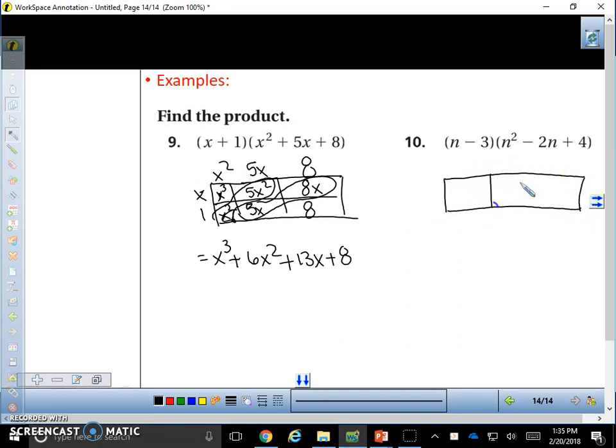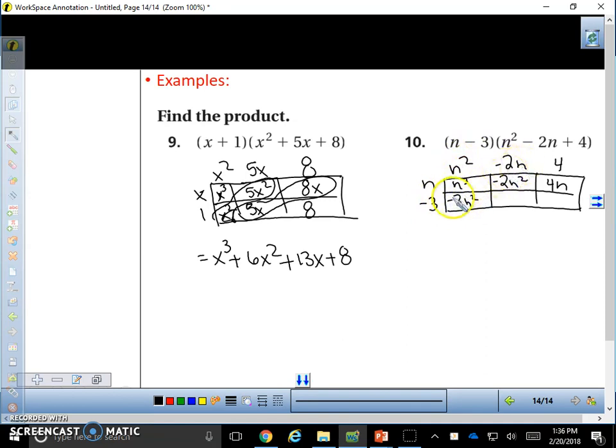Again, here we have a trinomial times a binomial. We'll have to use a rectangular array. N squared, negative 2n, and 4, n cubed, those two multiplied. These two multiplied, negative 2n squared, n times n is n squared, 4n. N squared times negative 3 is negative 3n squared.